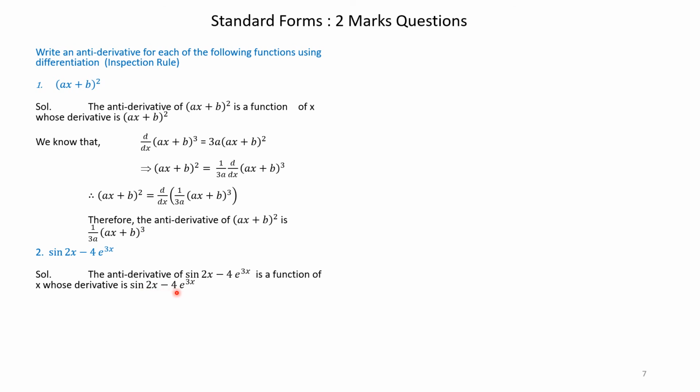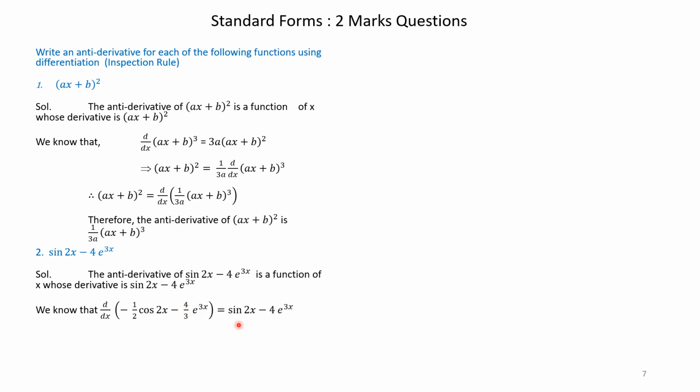So we have to find the function. We know that, because sin 2x is there, we have to consider d by dx of minus half cos 2x. So for sin 2x, we consider the function minus half cos 2x, and minus 4 by 3 into e to the power of 3x.